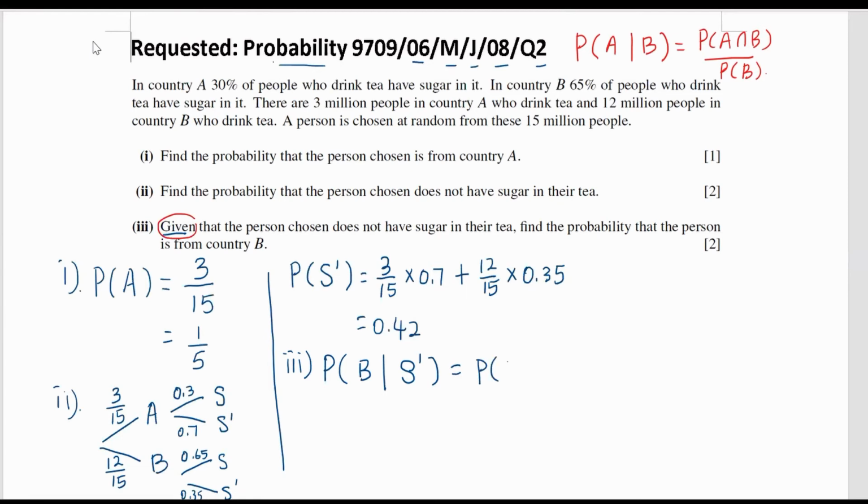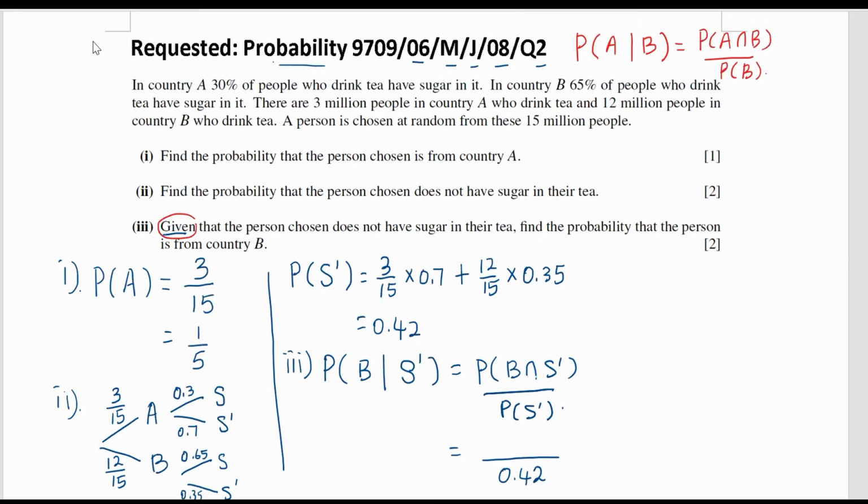So find the probability of B intersect does not have sugar in it, over the probability that does not have sugar in it. If you look carefully, the denominator is the probability we found in part 2, which is 0.42.